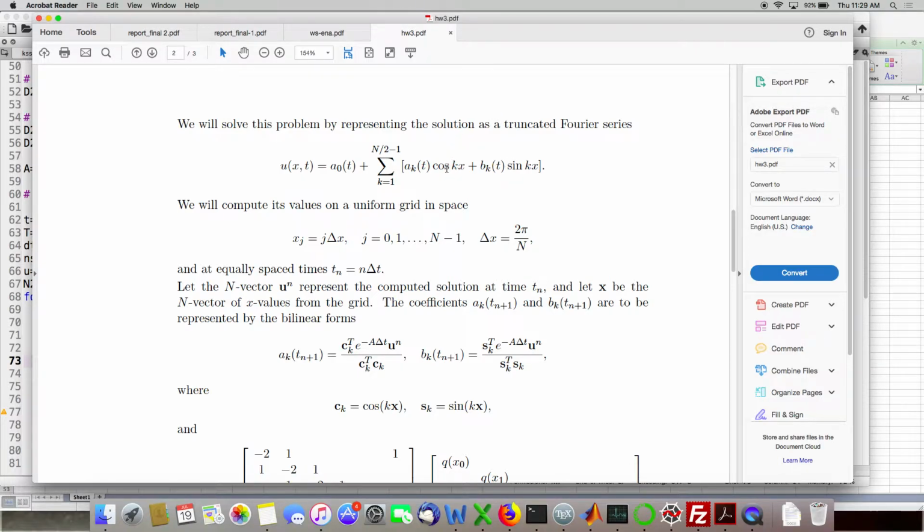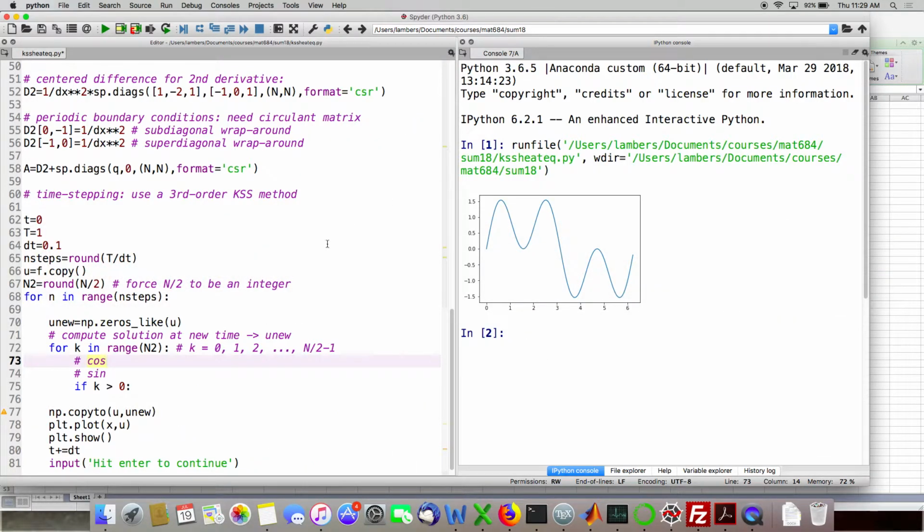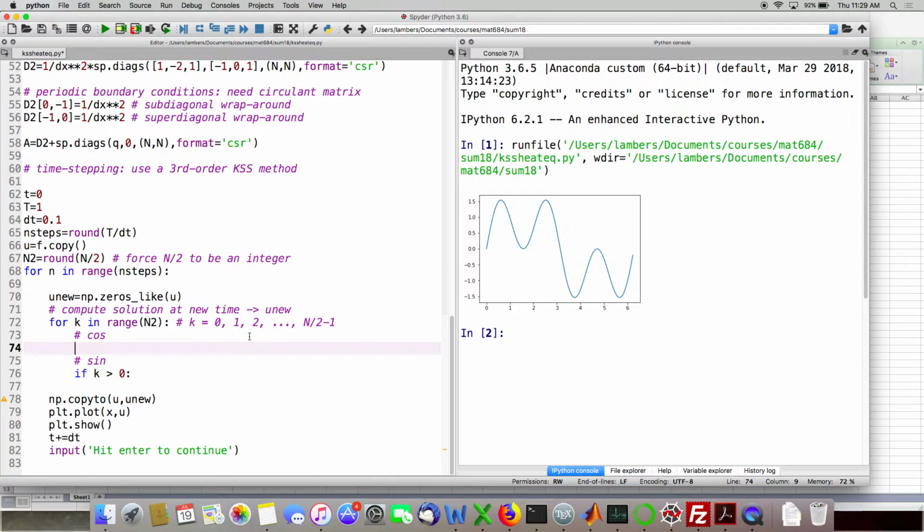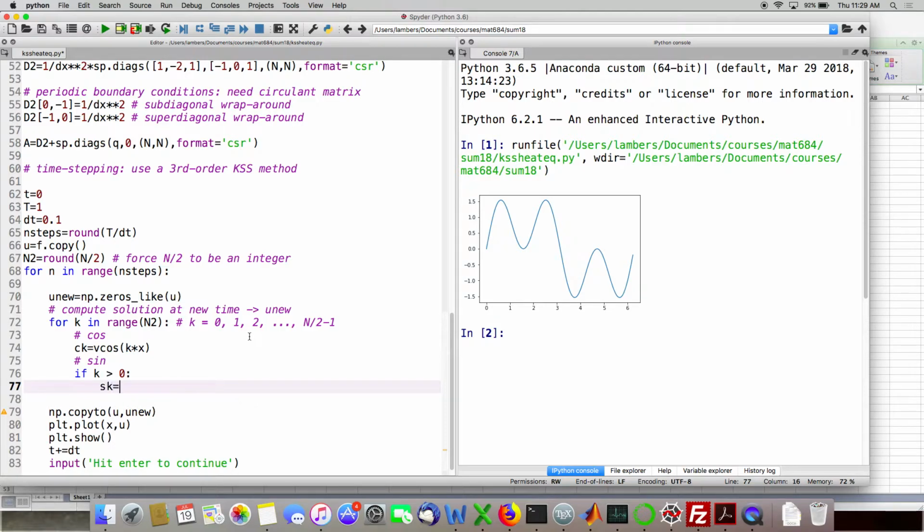So I'll just go ahead and evaluate those. I'll call this ck is cosine of k times x. And similarly for the sine part, sk is equal to sine of k times x.